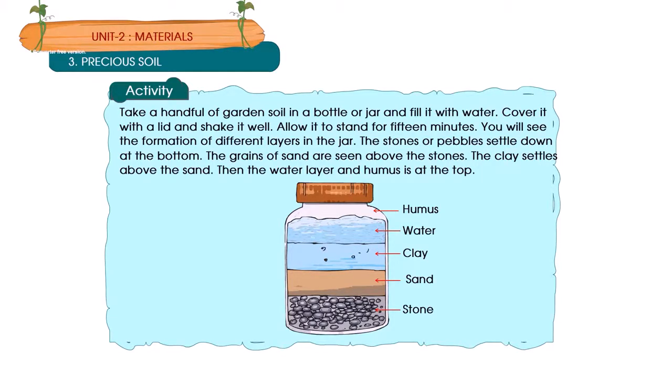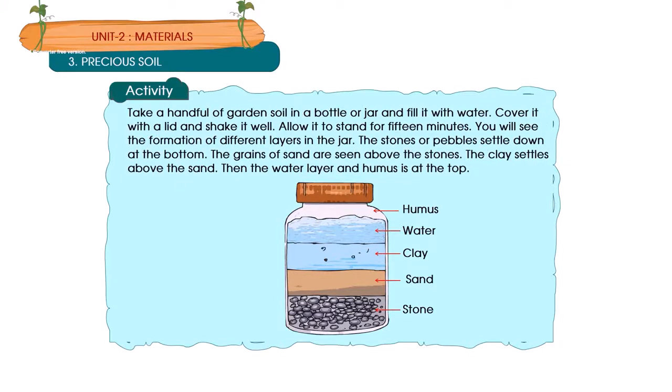The grains of sand are seen above the stones. The clay settles above the sand. Then the water layer and humus is at the top. Humus, water, clay, sand, stone.